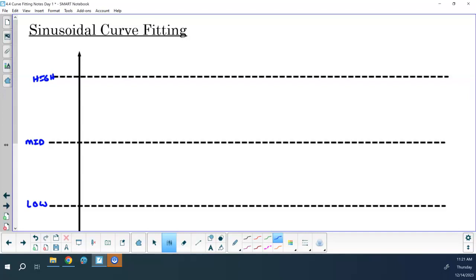Do any of those give us an A, a B, a C, or a D? Middle gives us D. So the middle right here is D. Anything else given to us by just those three numbers?